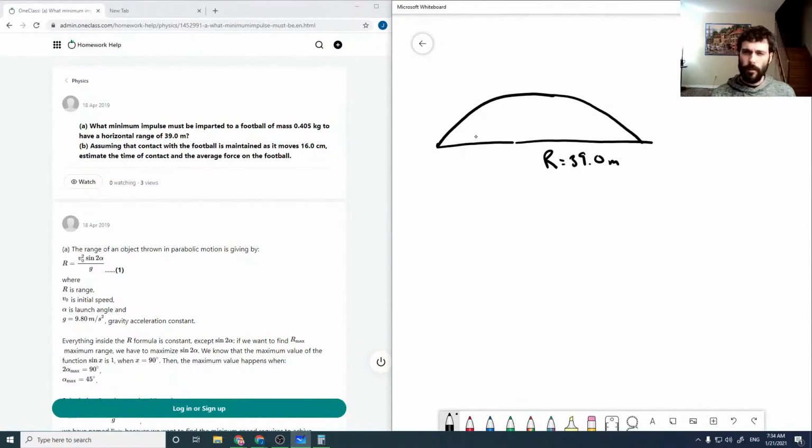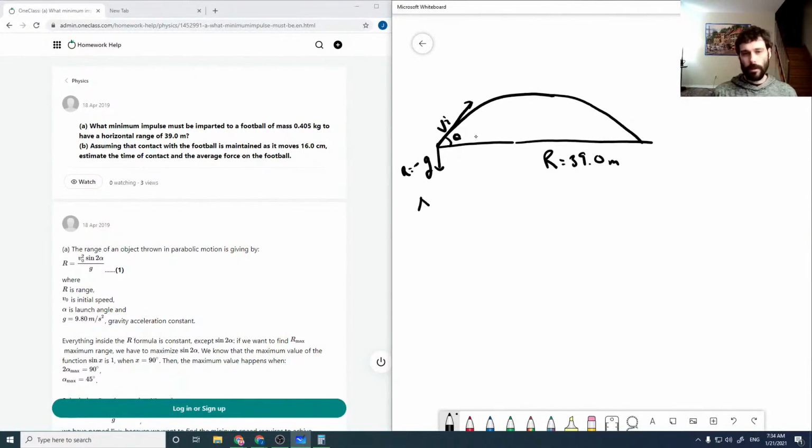It's going to need to travel with some initial velocity angled with some theta with respect to the horizontal, and its acceleration is going to be minus g the whole time.